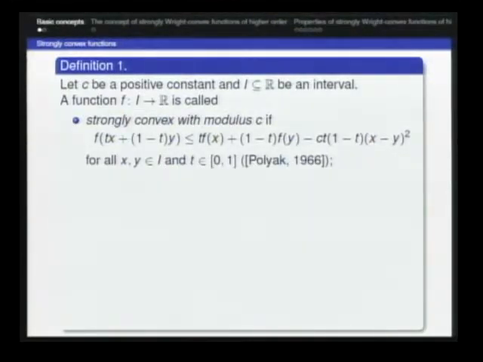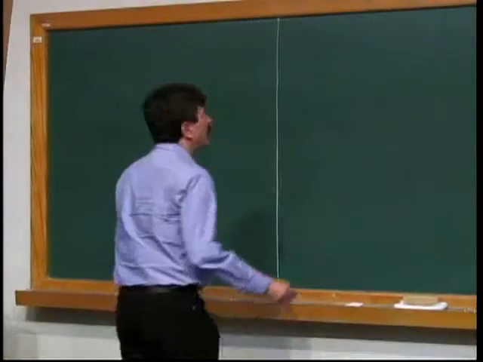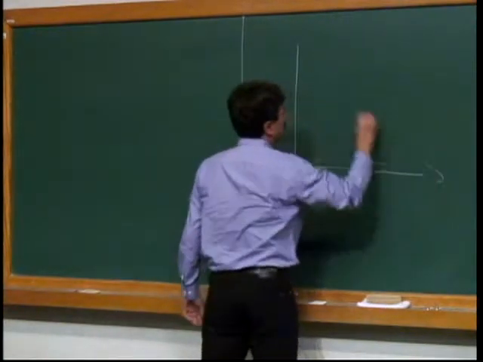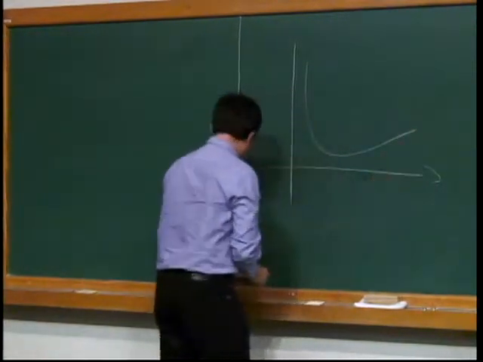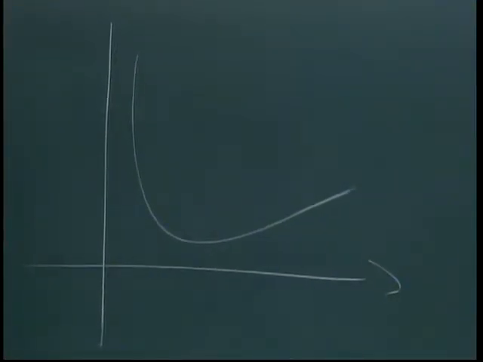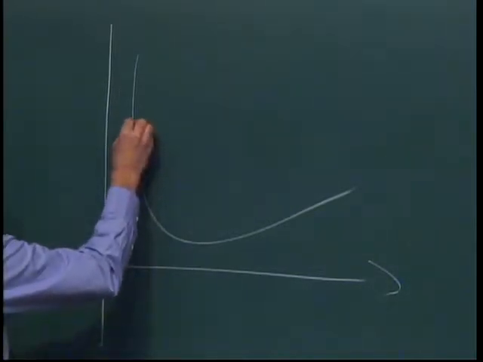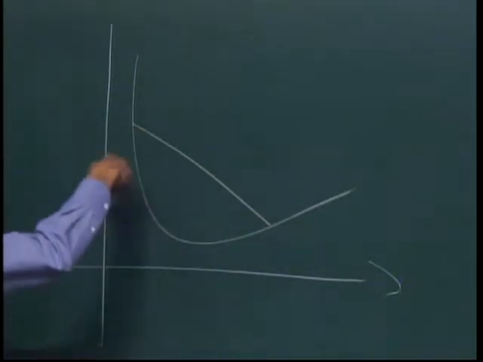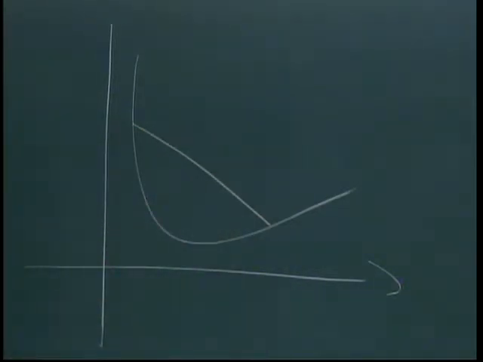As was also mentioned in the talk of Kazimierz Nikodem yesterday, the geometric interpretation of convexity is that a function is convex if and only if you consider each 2 points of the graph of the function, then the graph of the function is below the line segment between these 2 points.